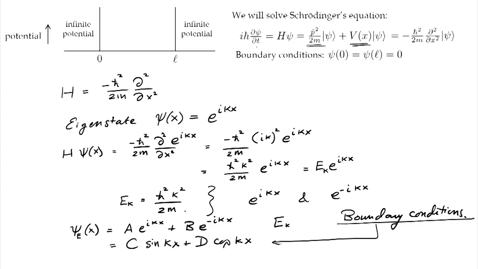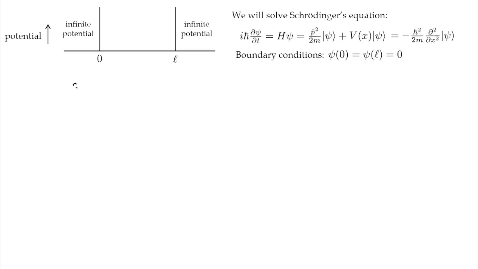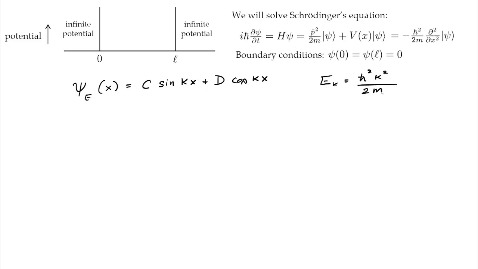Okay, let's do that. Let's try to remember this. So our solution is of the form psi sub e of x is c times sine kx plus d times cosine kx. And this is a solution whose energy E sub k is h bar squared k squared over 2m.